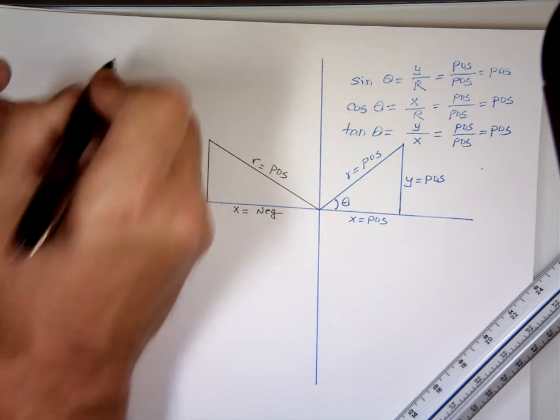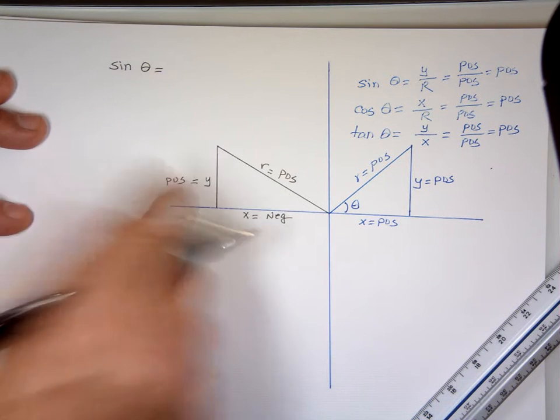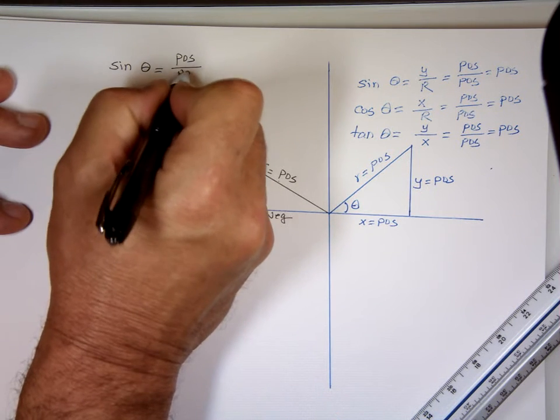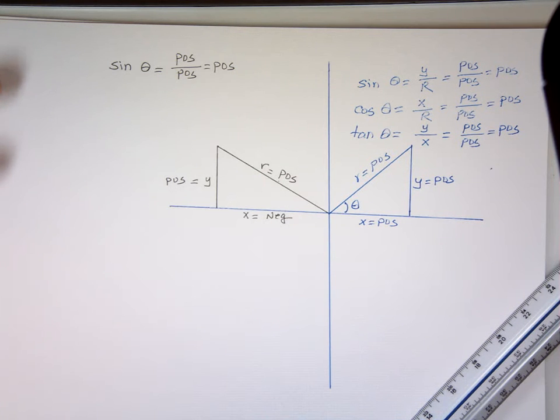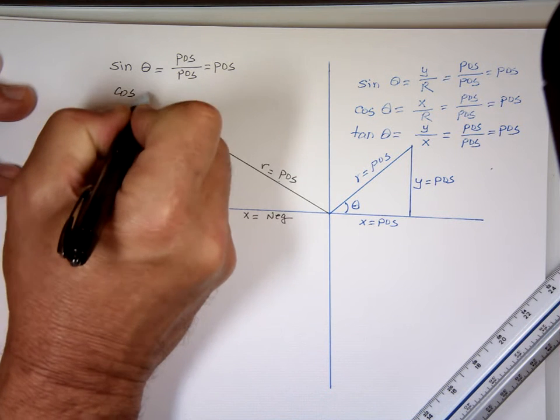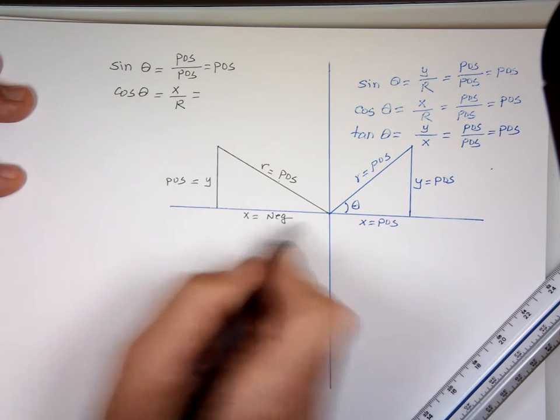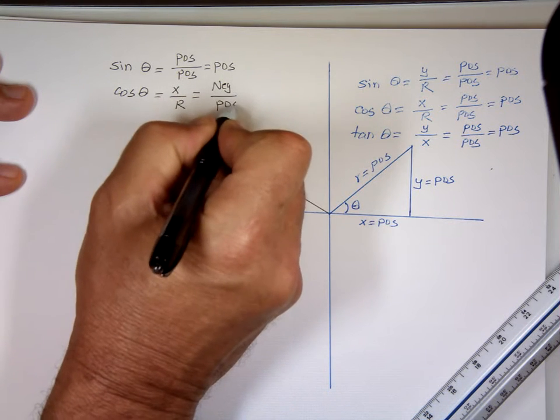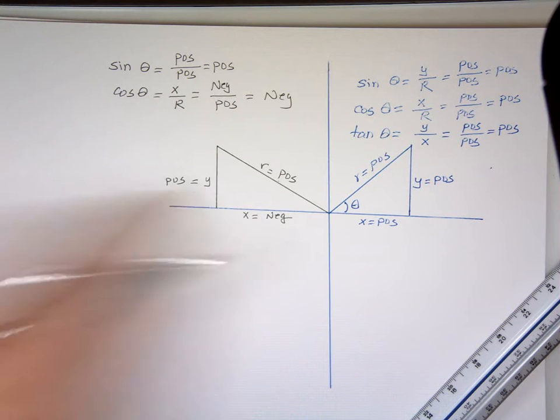So the sine is the opposite over the hypotenuse, y over r, positive over positive, and that's a positive. The cosine is the adjacent, which is x over r. But x is negative and r is positive. What's negative divided by positive? Negative. That's why the cosine is negative in this quadrant.